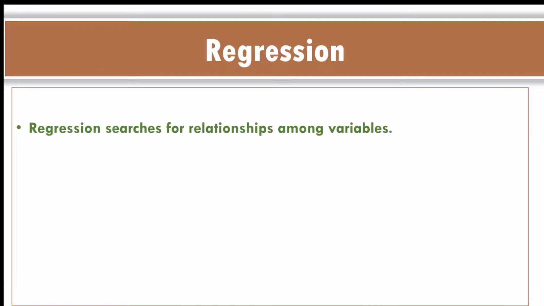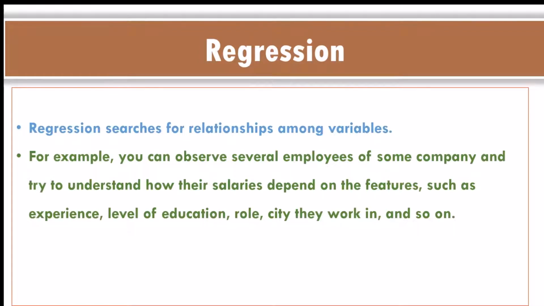Then the regression model tries to find the relationship of the output variable with each and every independent variable. For example, we can give a data set where the output variable is the salary of the employee, and the input variables are experience, level of education, role, city they work in, the department or whatever it is, and so on.